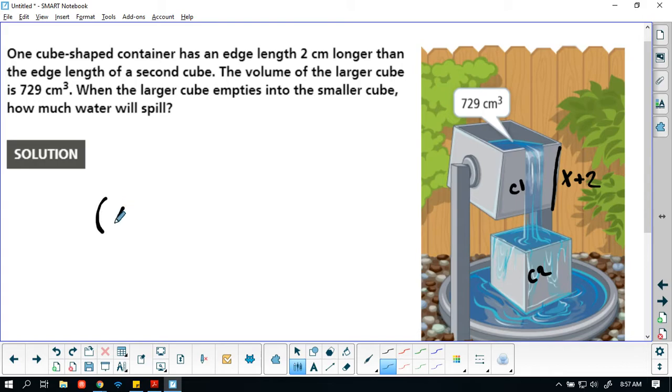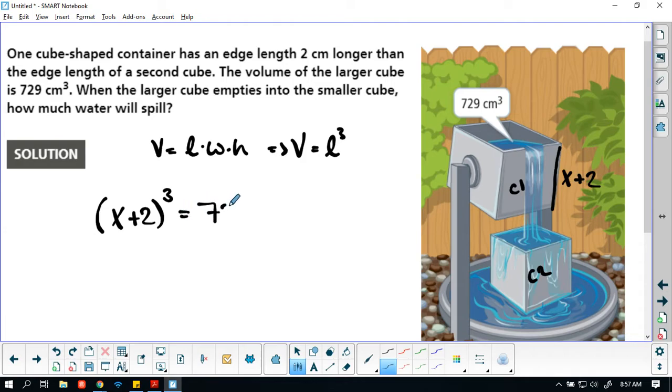So we're looking at x plus 2, and it's a cube, so volume equals length times width times height, but in our case, volume is going to equal length cubed, because we're looking at a cube, equals 729.